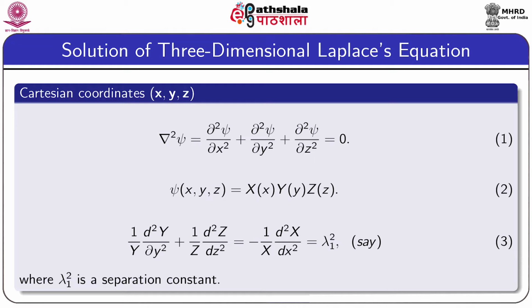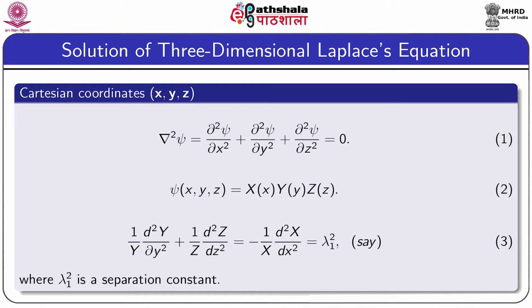Now, if we substitute solution 2 in equation 1, we get an equation which is written as equation number 3. If we observe this equation, we write the terms in y and z on the left hand side of equation 3, and the term involving the variable small x on the other side.